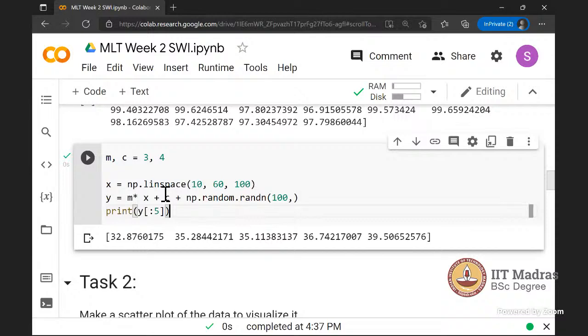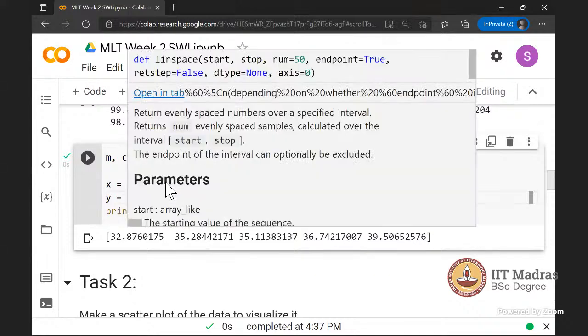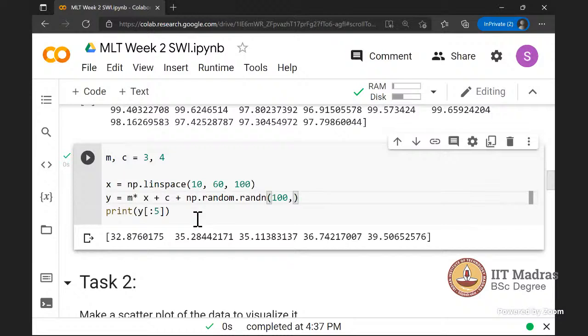Before we proceed, can anybody tell me what this linspace function does? Yes, it will generate 100 numbers between 10 and 60, both inclusive. Right. So it generates 100 uniformly distributed numbers starting from 10, and the last number will be 60.